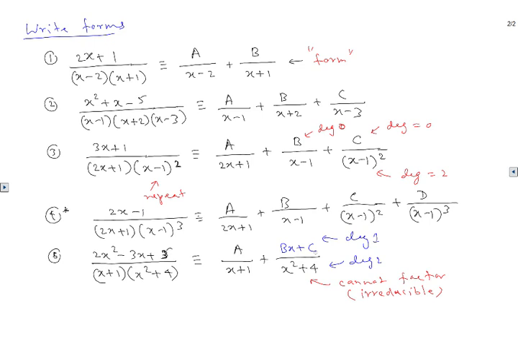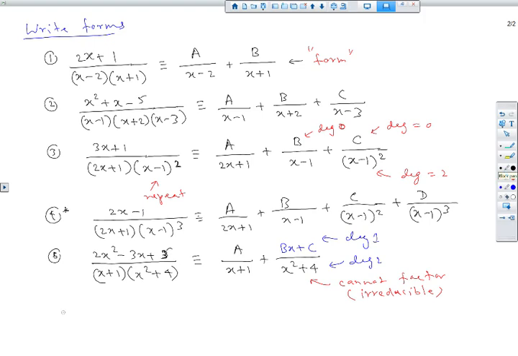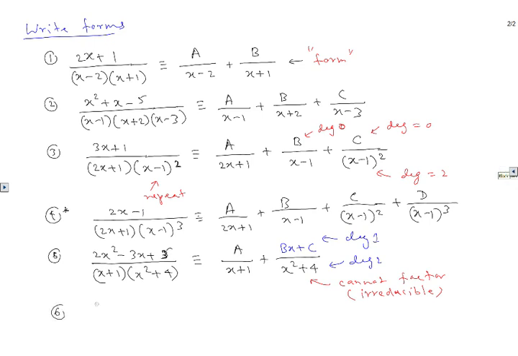As the last one, let's say you have x plus 7 over x cubed minus 4x. If you get something like that, the first step is to factor this completely, and then start writing terms.